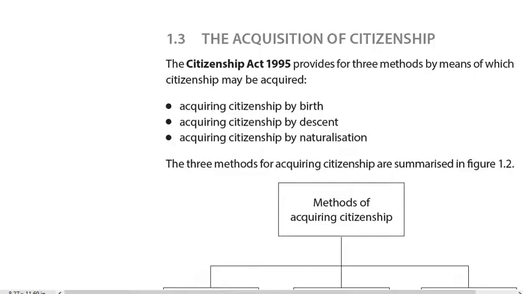Second, acquiring citizenship by descent, which is also there. And acquiring citizenship by naturalization, which is also available. So which one is not part of these 3 methods of acquiring citizenship?